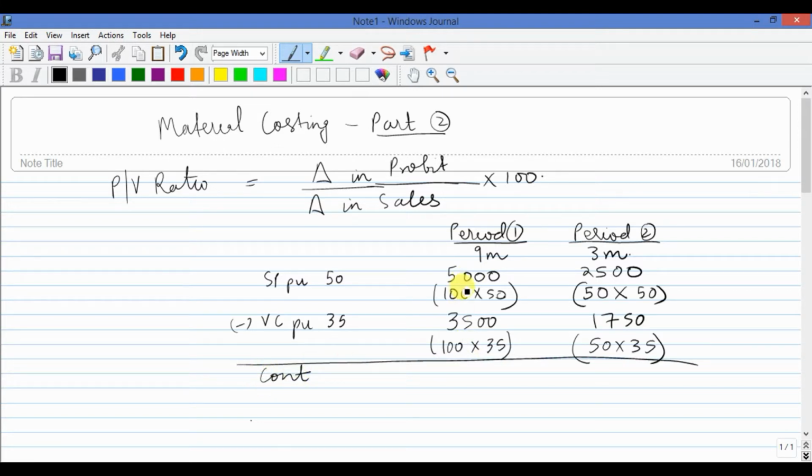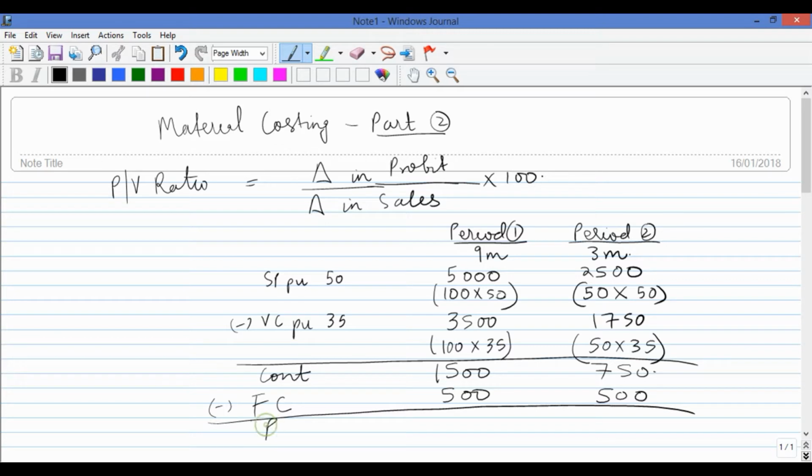So 5,000 minus 3,500 is going to give me 1,500, and 2,500 minus 1,750 is going to give me 750. Let me assume the fixed cost to be 500. So the profit which I'm going to get right now is 1,000 for period 1 and 250 for period 2.